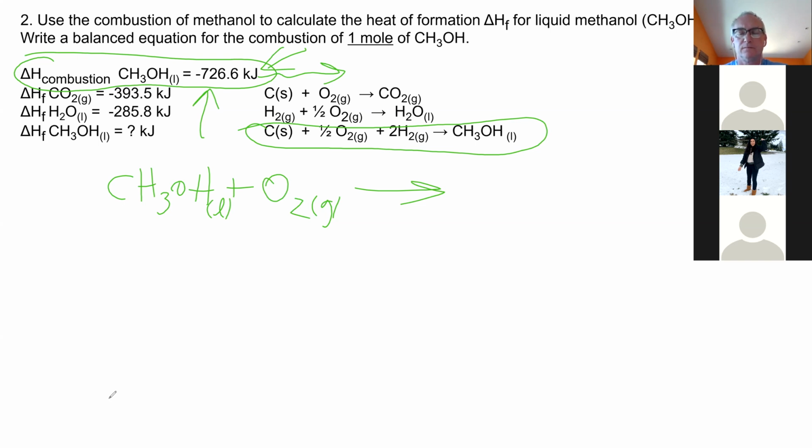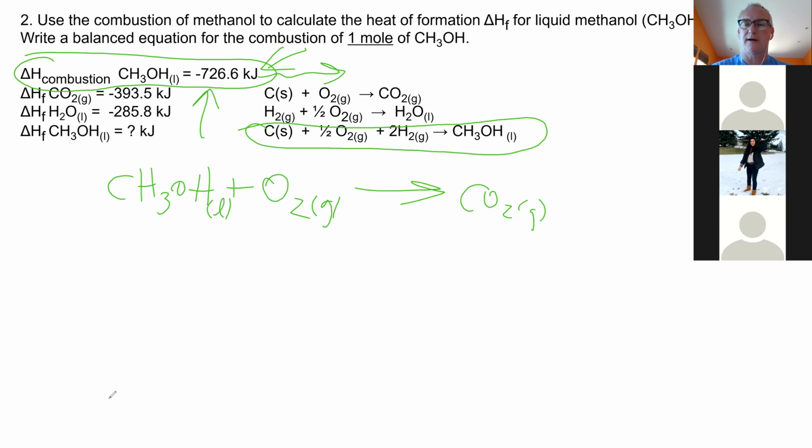Would it be CH3 plus water? CH3? No. Basically when I burn anything with carbon and hydrogen in it, what do I get? Yeah, ignore the oxygen for right now. CO2. Yeah, carbon dioxide, CO2, gas.